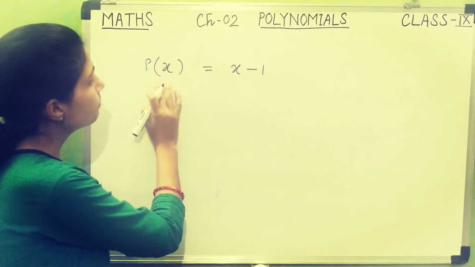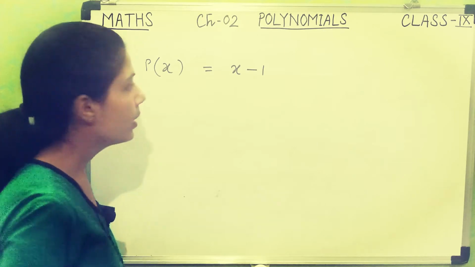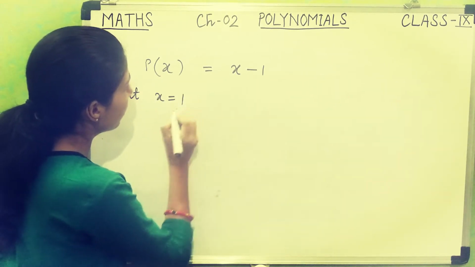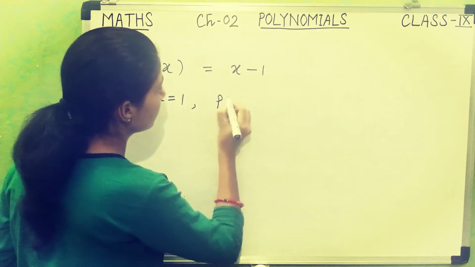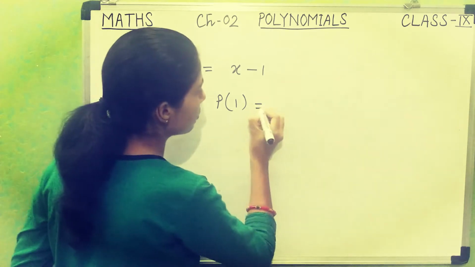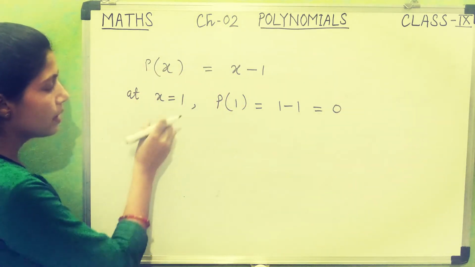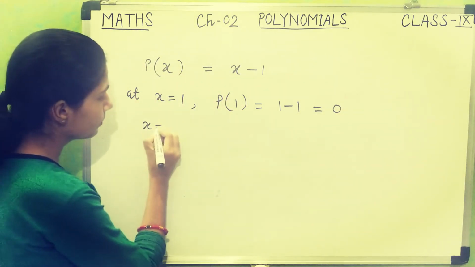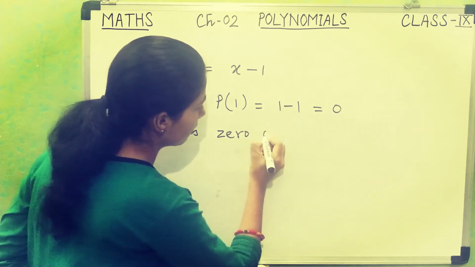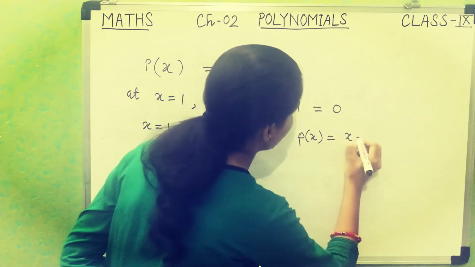Okay, if I take a polynomial p(x) equals x minus 1, now at x equals 1, in place of x you have to put 1, so here also 1 minus 1 is 0. It means x equals 1 is the zero of the polynomial p(x) equals x minus 1.